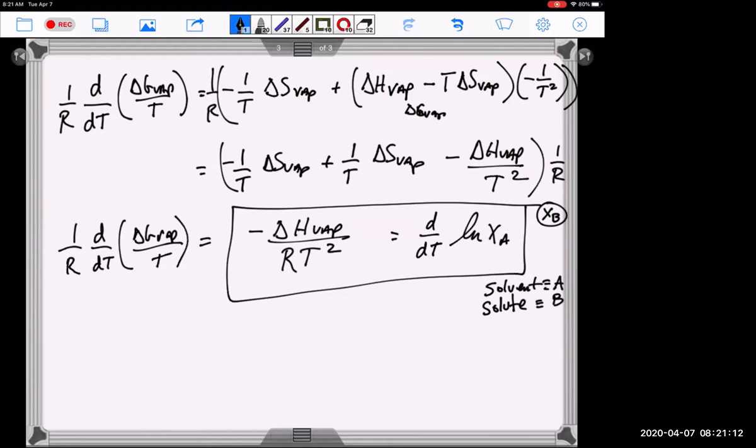Okay, so we could do a couple things here. First thing we should do is probably integrate both sides. First of all, let's multiply dT to both sides. So we go minus delta H of vaporization over RT squared.